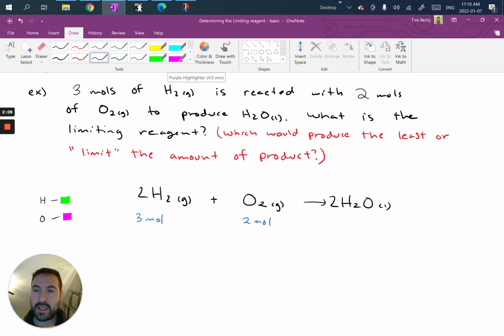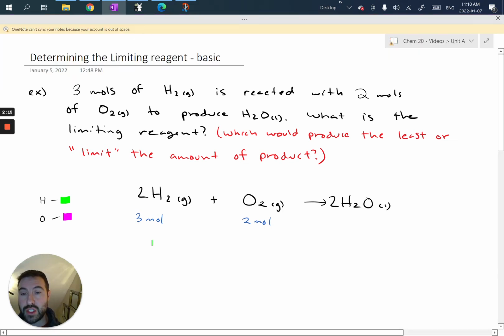If you look on the left, I have hydrogen as green and oxygen as pink. If I have 3 moles of H2, I have 3 H2s. Each green block represents a hydrogen atom. I have 3 H2s here.